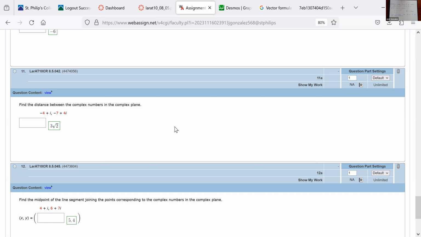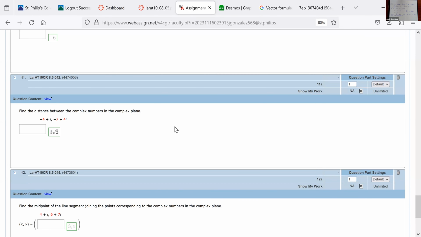All right, so think of this as 2 points. So remember the distance formula. Think of this as -4, 1, and -7, 4.